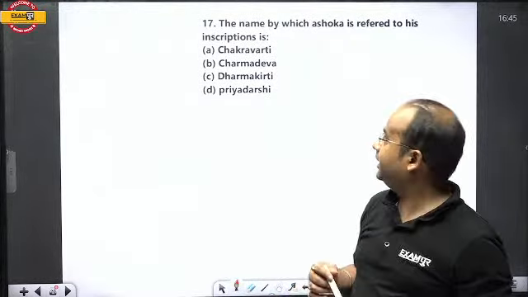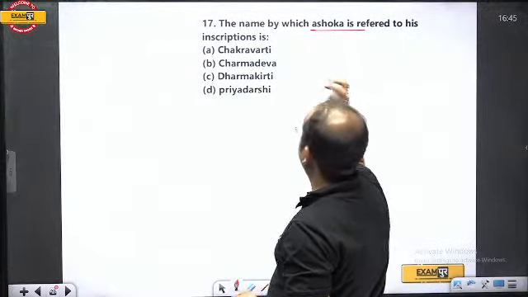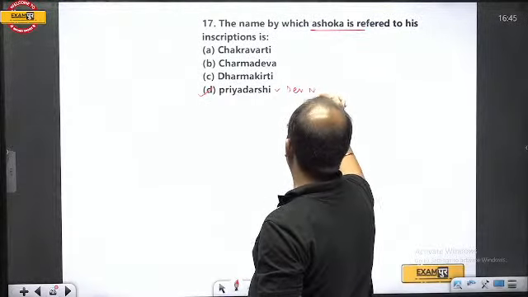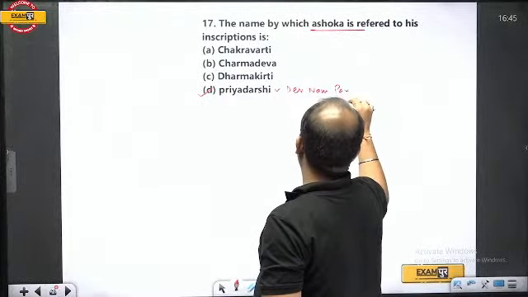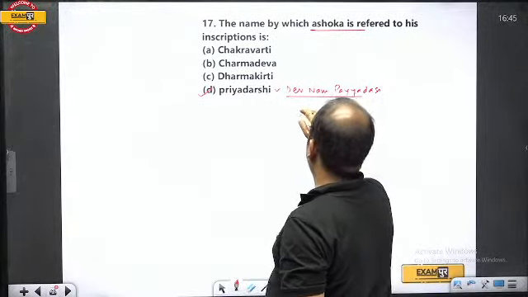Okay guys, the name by which Ashoka is referred in his inscription is Priyadarshi, or simply you can say Devanam Payadasi. Devanam Payadasi means beloved of God.